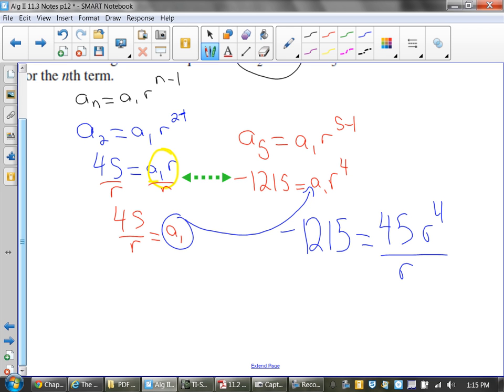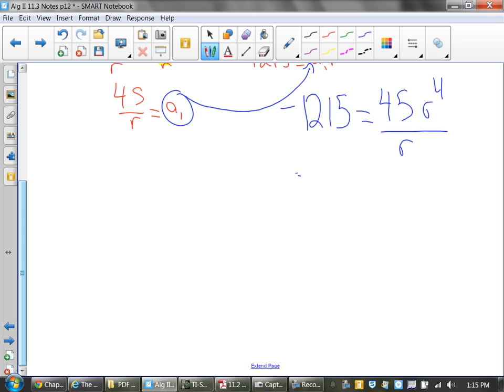What do you get? Yeah, exactly. You'll wind up dropping some of the degrees off to one side here. So you get negative 1215 is 45 r cubed. And now it's a two-step equation to get r by itself. What do you have to do first?